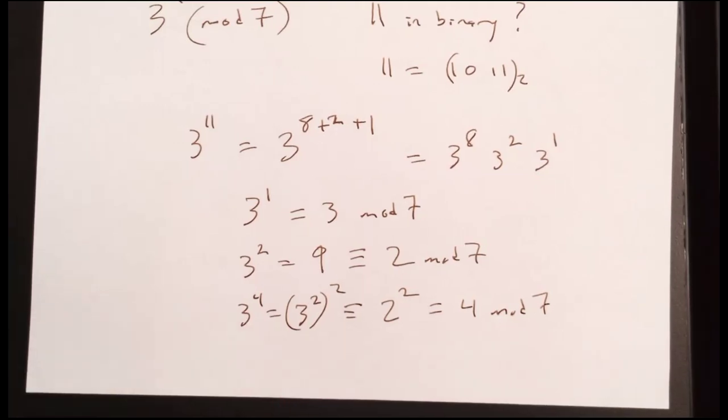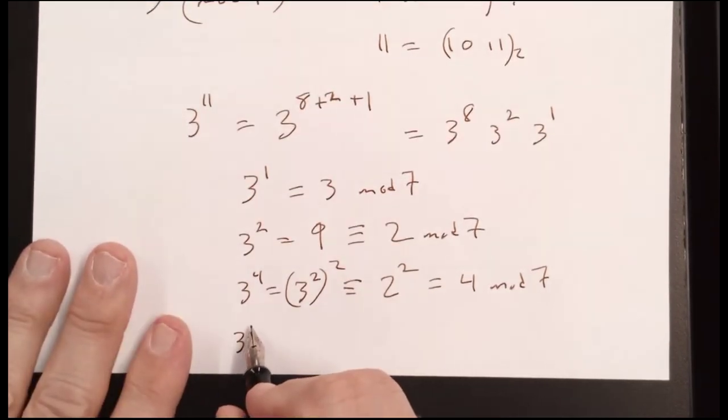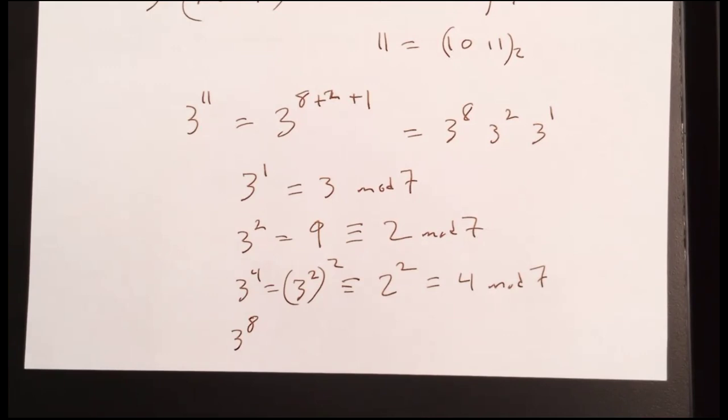Now, 9 is small enough. What's 9 squared? Which is 7 times 11 with 4 left over. What's 81 squared? I don't know.